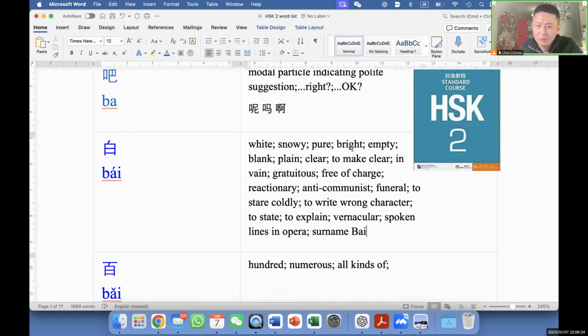So let's take a look. White, snowy, pure, bright, empty, blank. Well, I have a theory I think I've talked about before: if one character, one word, has multiple meanings, then more often than not these meanings have some sort of connection. And once you understand that connection, you have a better understanding of what that character is.